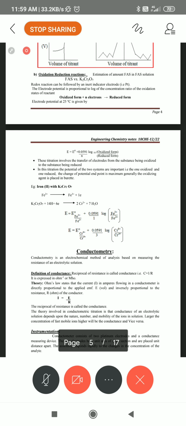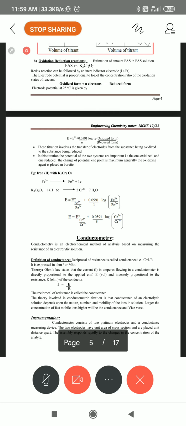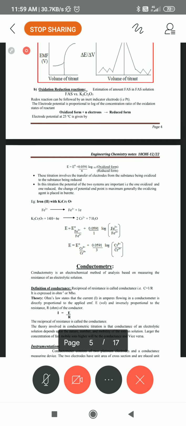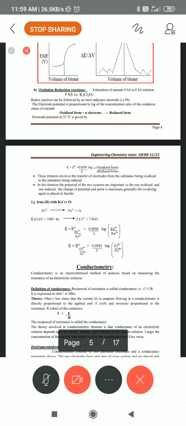If it is a precipitation reaction, you take precipitating agents and estimate. In the same way, it is used in the textile industry, explosives, the paper industry, and qualitative analysis in food industries also. Any other minute particles, we can estimate by potentiometry.